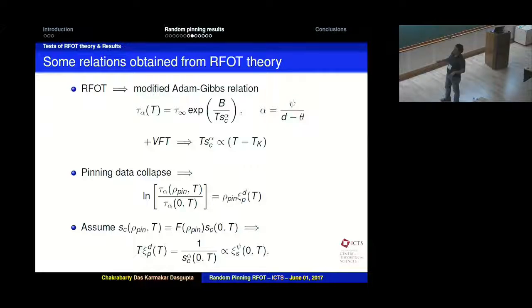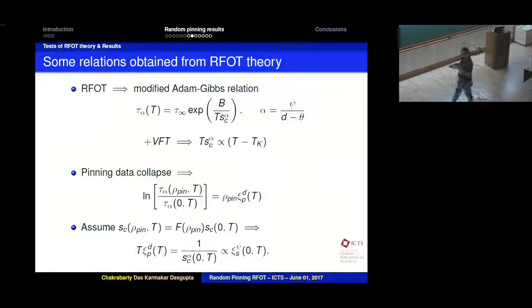What we assume, which agrees with the results we get, is that the configurational entropy at non-zero pinning is related to the configurational entropy at 0 pinning by a factor which is 1 at 0 pinning and decays as you increase pinning.